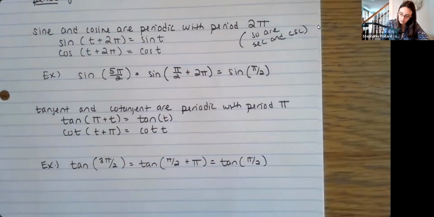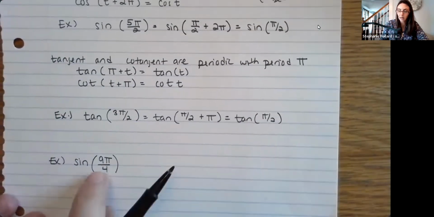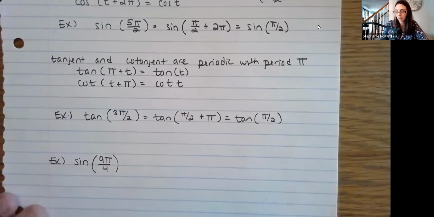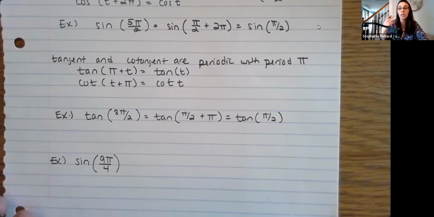So for instance, let's say I want to find sine of 9 pi over 4. Again, I'm going to use the idea of pulling out that 2 pi because I know sine will repeat itself every 2 pi. And clearly 9 over 4 is more than 2. That's important here, right? 9 divided by 4 would be 2 and 1/4. Well, it goes in 2 times and you have 1/4 left over.